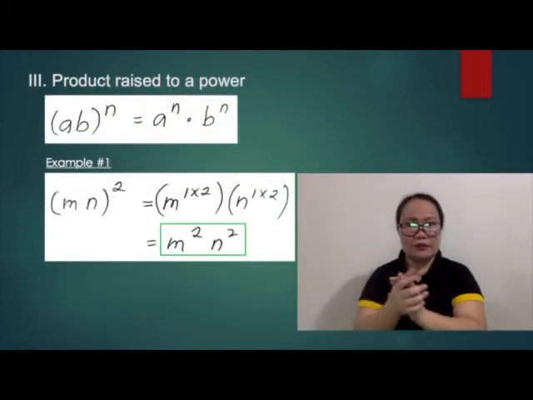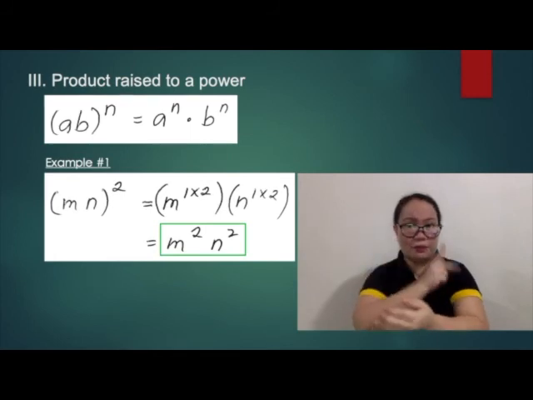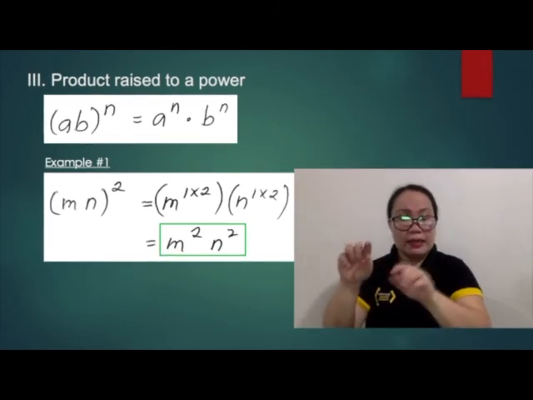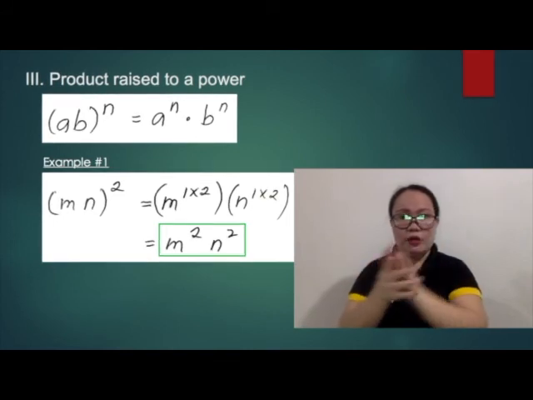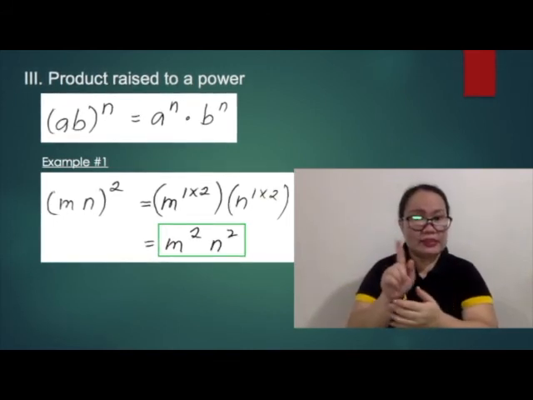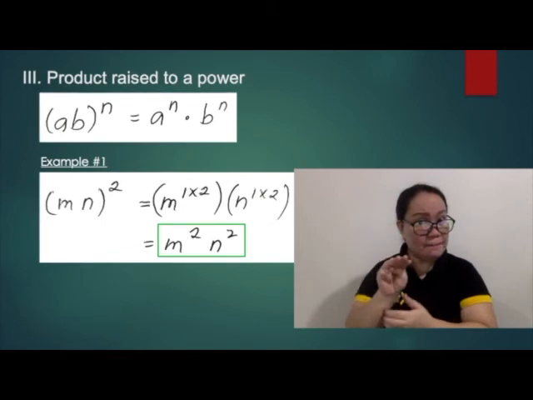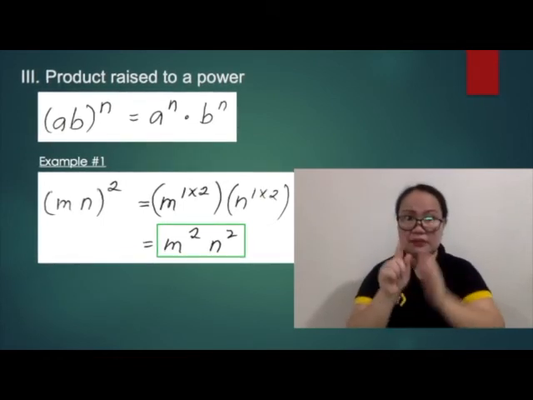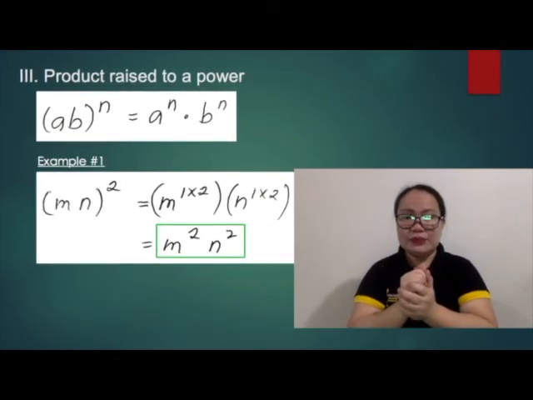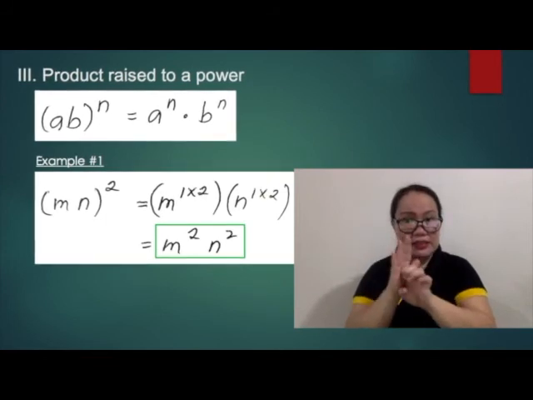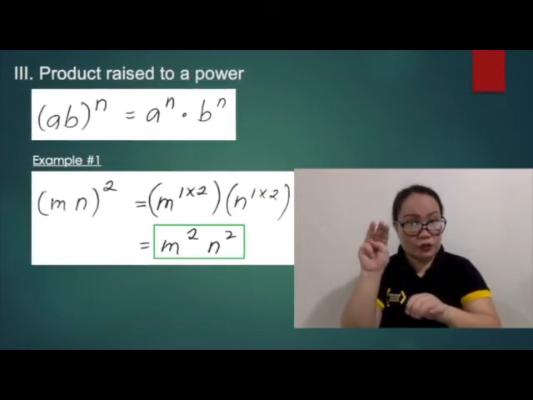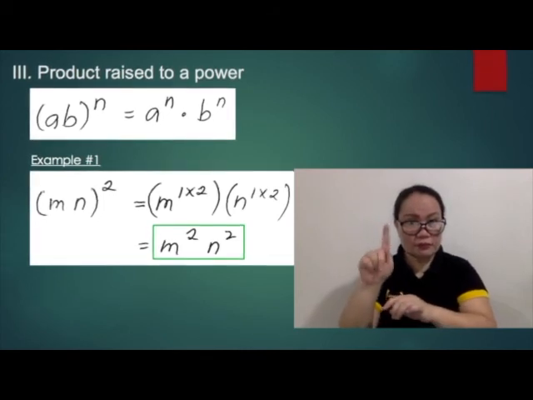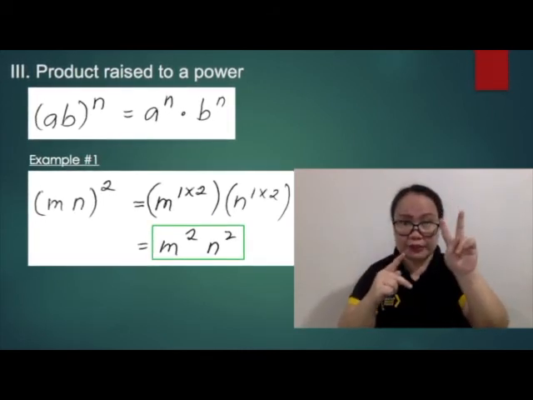Next example, power raised to a power. mn raised to the power of 2. Again, what is the exponent of m? It's 1. So the 1 as the exponent of m is being multiplied by 2.